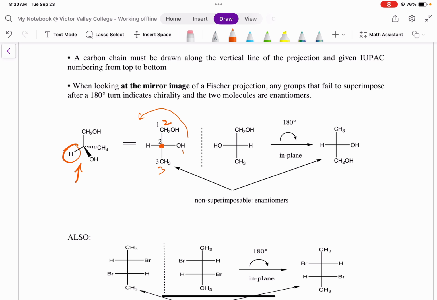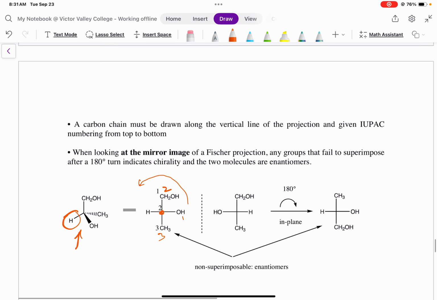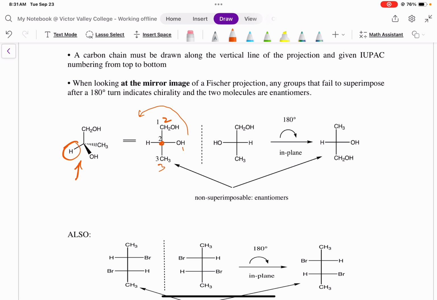Okay, so it looks like S, but actually R, just because of the hydrogen. Here we go. That's it. Keep it simple. All right.